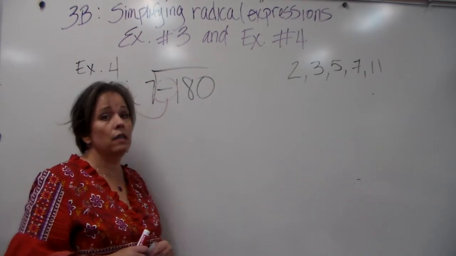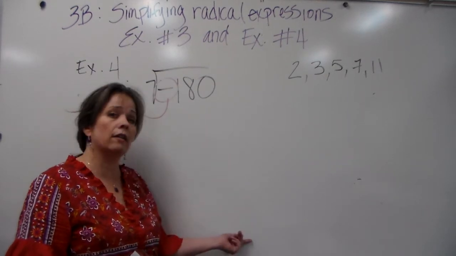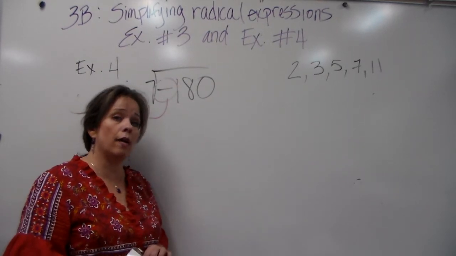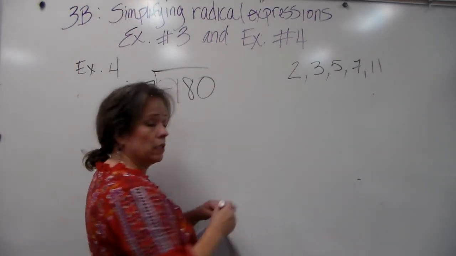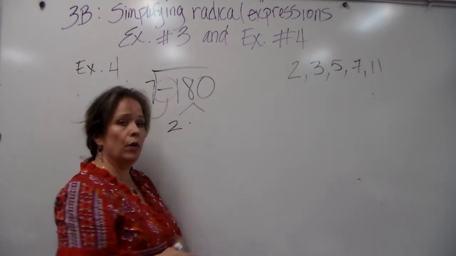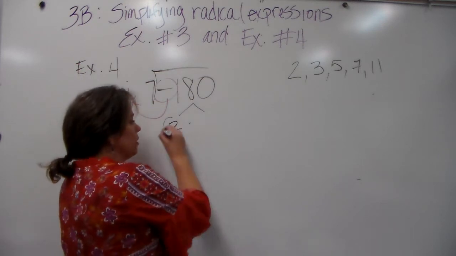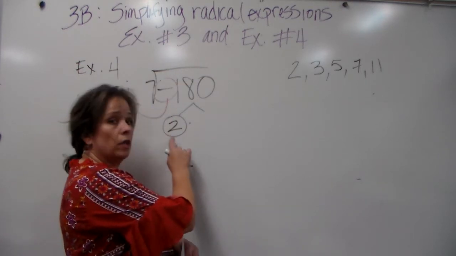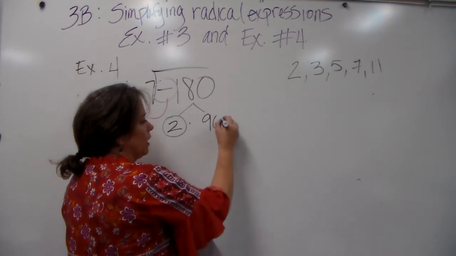But 180 is not a perfect square, so we need to go ahead and start using our factor tree to find our prime factors, okay? We'll go ahead and start with our smallest prime, which is 2. And when we put 180 divided by 2 in our calculator, our answer is a whole number, so we know 2 is a good factor. And we'll get 2 times 90.